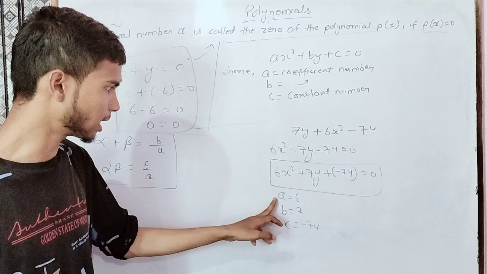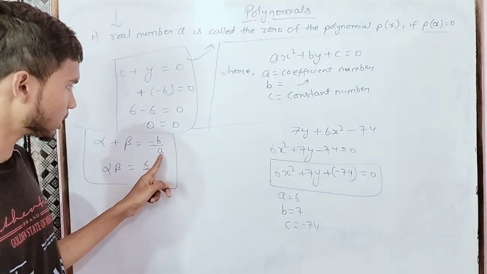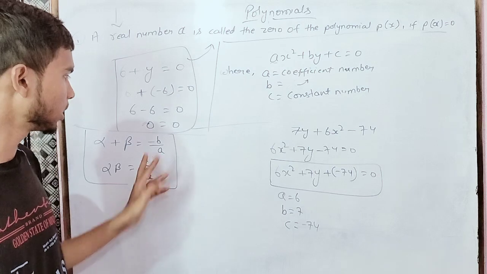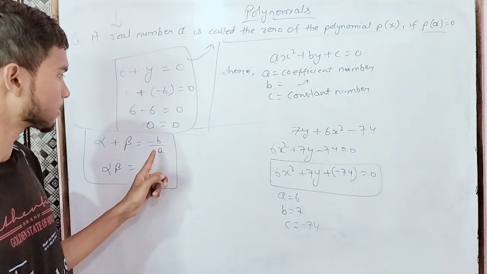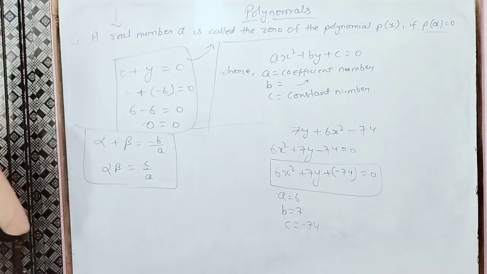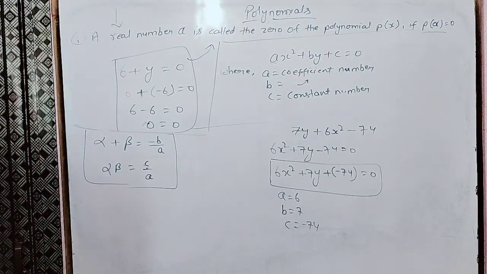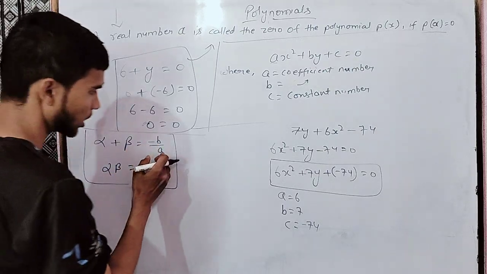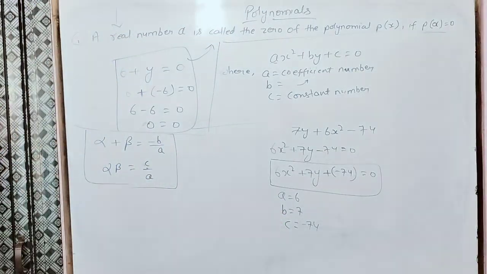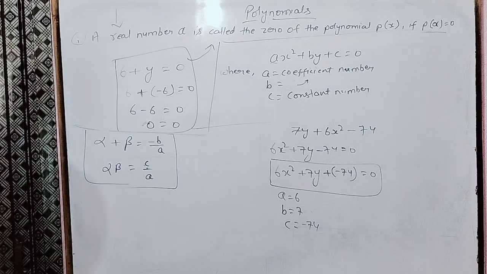So if this A is 6, then we will put 6 in place of A, then we will put 7 in place of B. So it would be what? Minus. So these are A, B, C, this is okay. We will have some questions based on this.